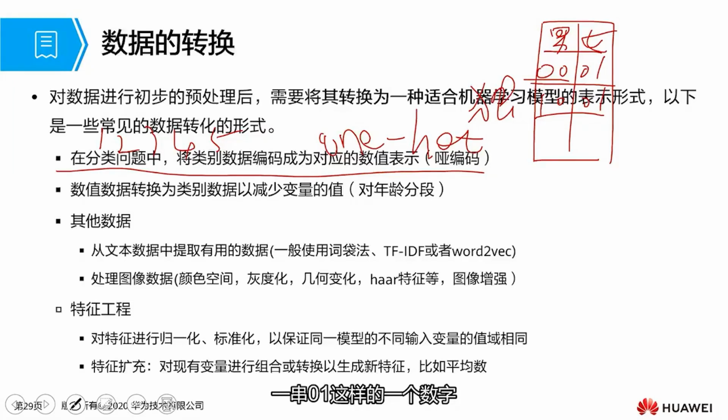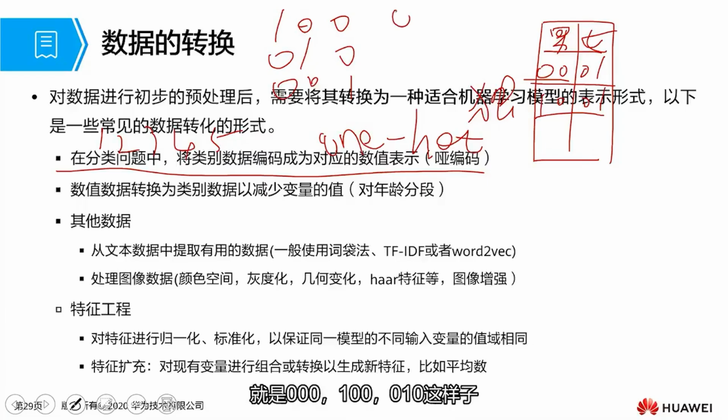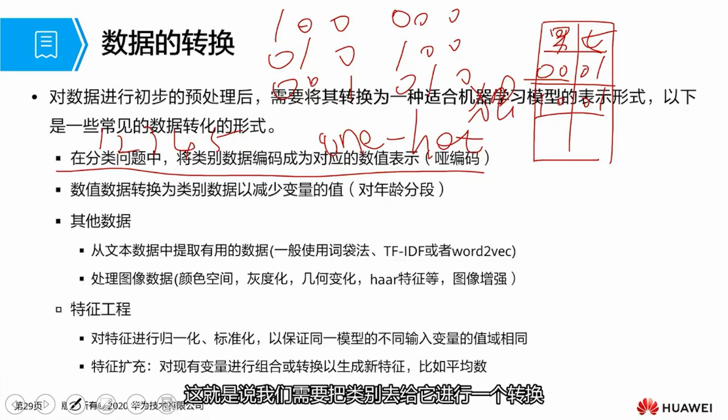For 3 types, dummy coding is 0-0, 1-0, 0-1. Like this, we need to convert the category, because it has transformed into this appearance. This is the way that machine learning models recognize it, convenient for us to deal with many softmax functions later on.